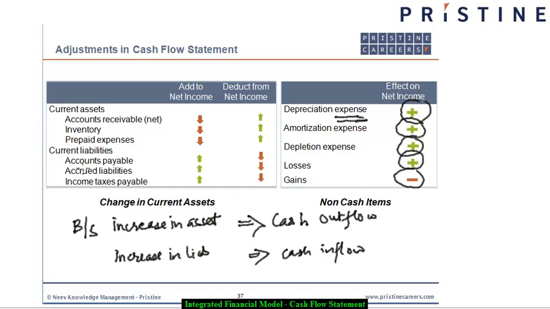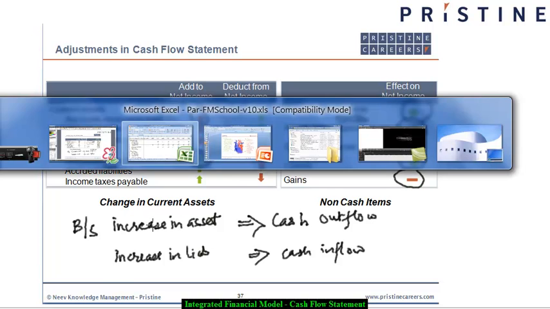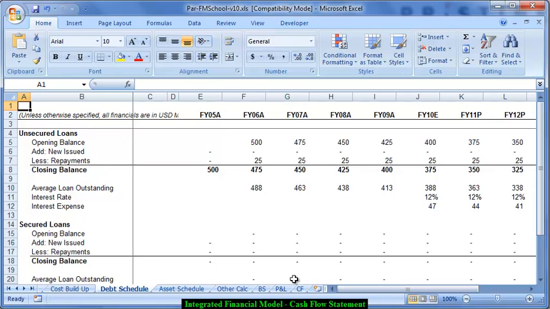I've already explained, if there is an increase in accounts payable, that means you have not yet paid out, that sort of increases your cash flow. If there is an increase in accounts receivable, that is like a cash outflow to you. Is that okay? While creating the cash flow statement, that's the next step.